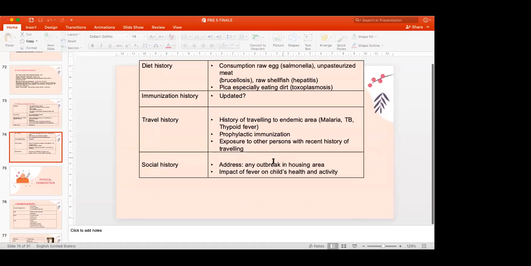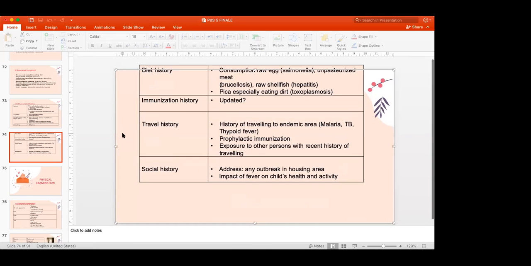So next for diet history, we ask about any consumption of raw or undercooked egg because of the risk of salmonella, and then whether the child has pica, which can be due to iron deficiency anemia.